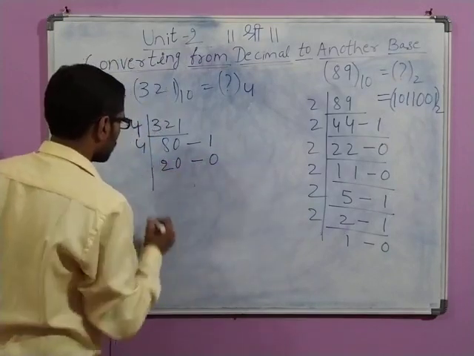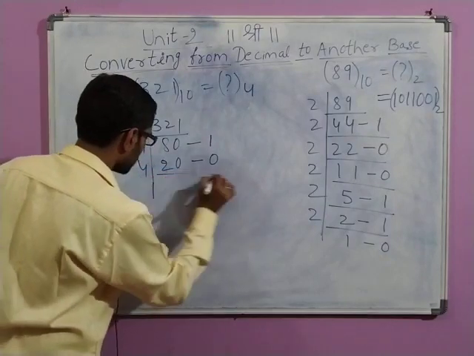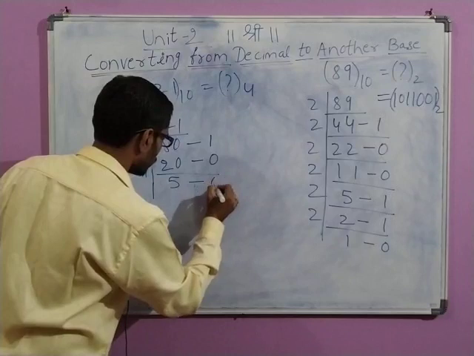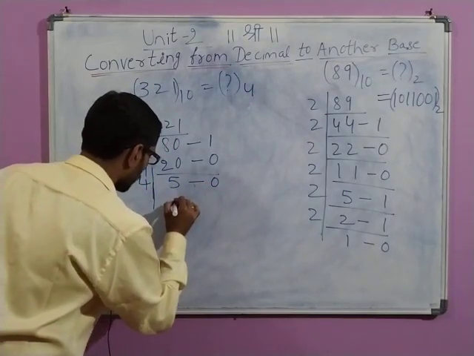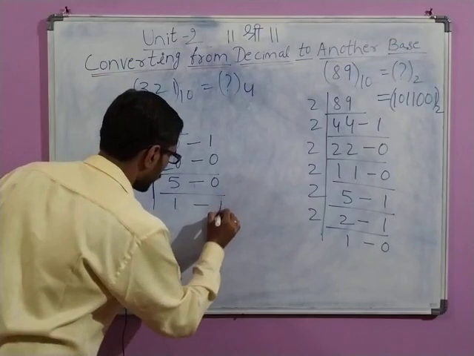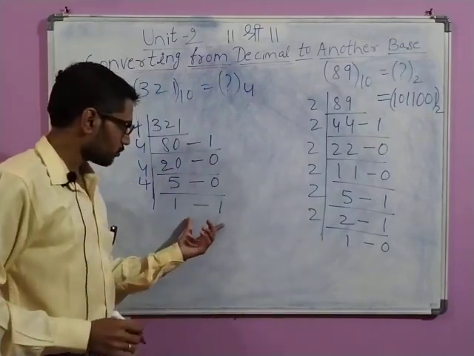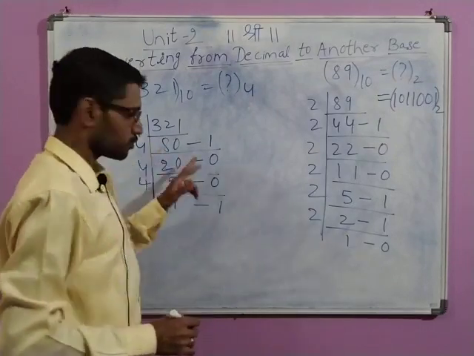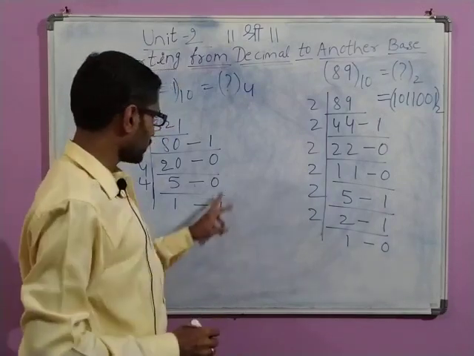Next, 4 20s are 80, so remainder is 0. Next, 4 5s are 20, remainder is 0. Next, 4 1s are 4, remainder is 1. So what is the answer for this? The answer will be 11001.